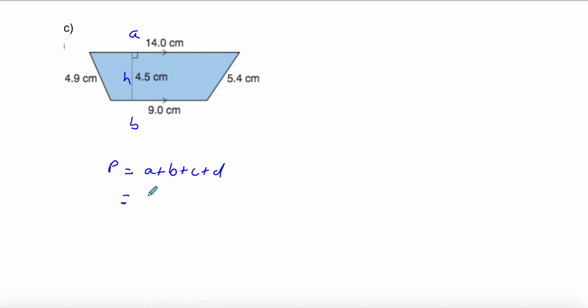As long as you have a formula, I'm happy. These don't really have to be in this order. You're adding up 4 numbers, it doesn't matter what order you write them in.